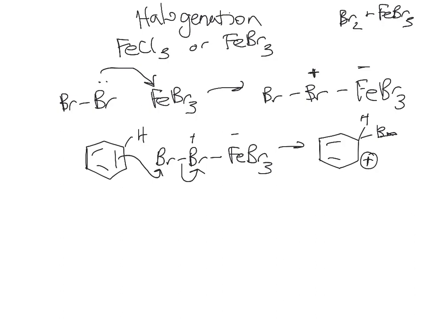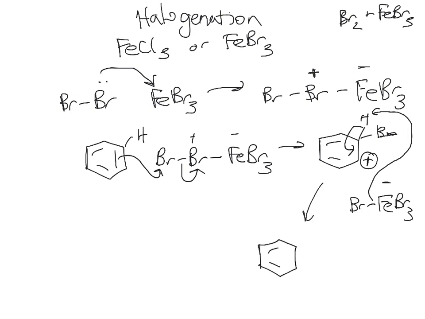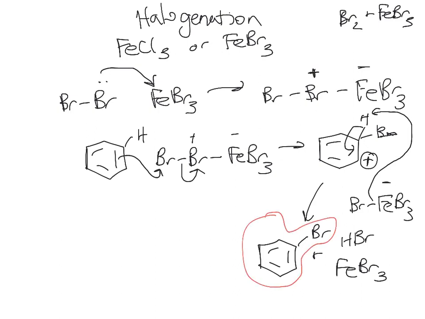And then in the end, our base is the thing that came off, right? BrFeBr3 minus. These electrons can come and remove a hydrogen, and these electrons can reform the aromatic ring. And so your major product of this reaction is brominated ring, HBr, and FeBr3. Your catalyst is regenerated. If I asked for the major organic product of this reaction, all you would need to do would be to include this one right here.